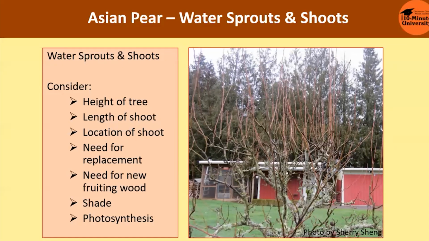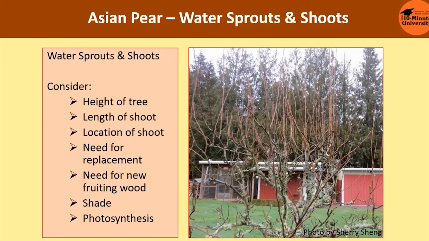The vertical ones, remove a lot, maybe weigh them down to encourage them to become productive. Ones at an angle and not too long are the best to leave alone. And you can always head back the ones that are too vigorous, but at an angle to 2 or 3 buds.